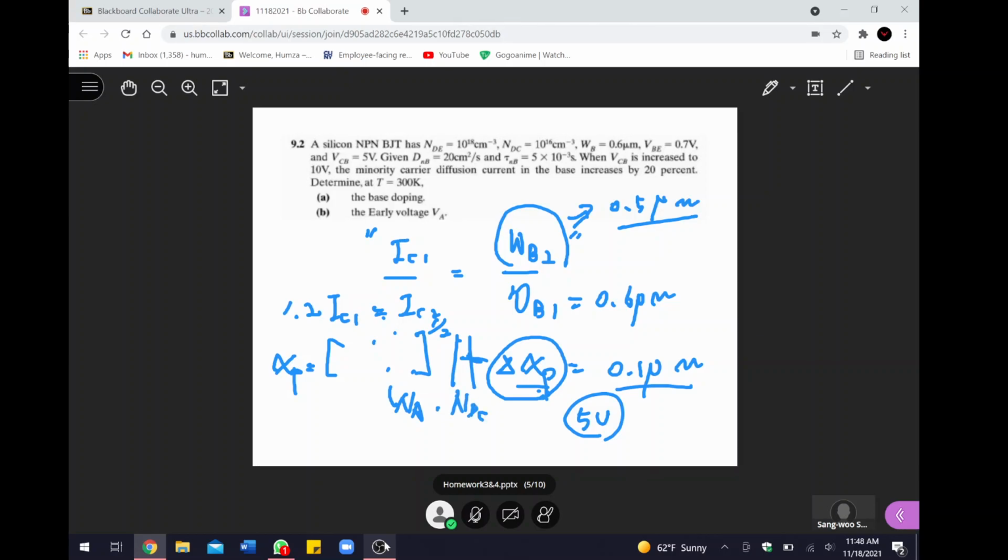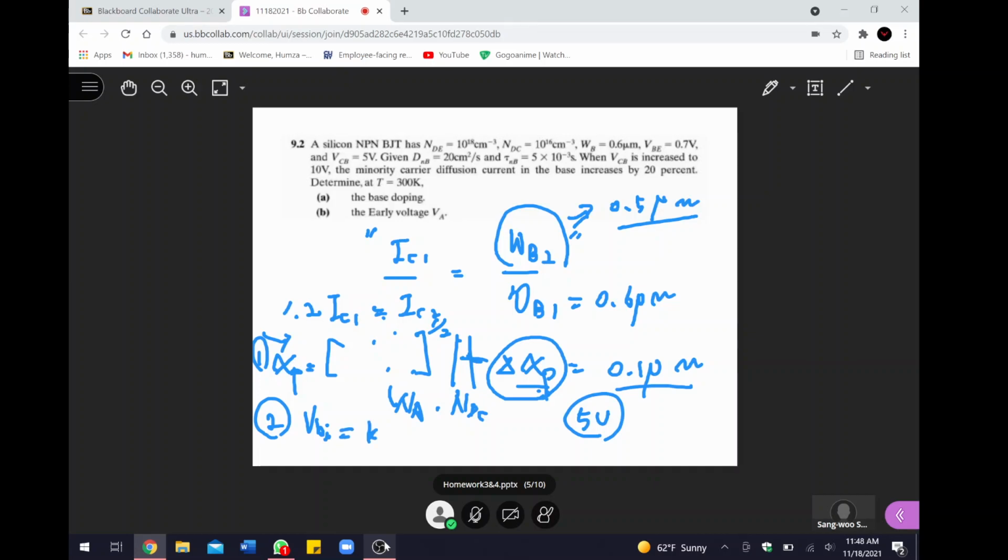So you have one equation here, and the second equation is the VBI, the built-in potential between the base and collector.